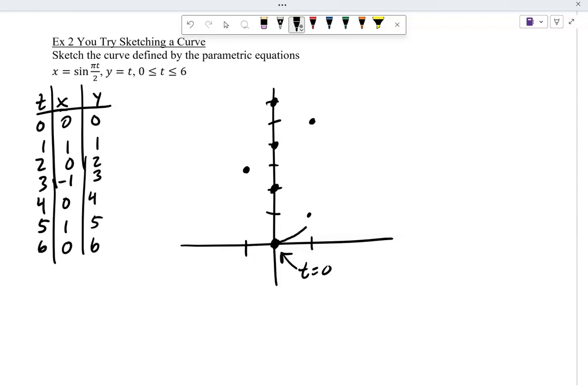And I could put some more points in. You'd see that it's got some curvature to this. Let's put the arrows on until it finishes right there, t being 6 at that final point. Again, the direction of the motion is shown by the arrows here, right?